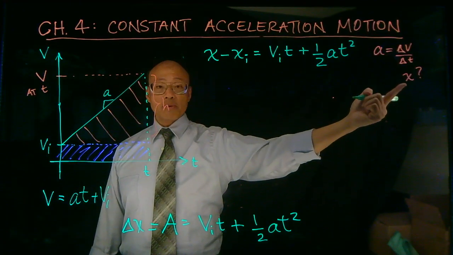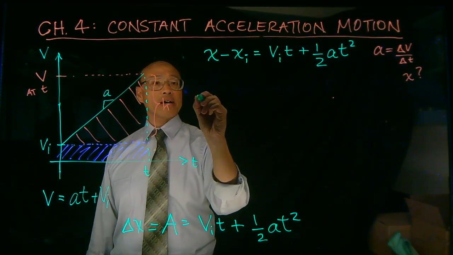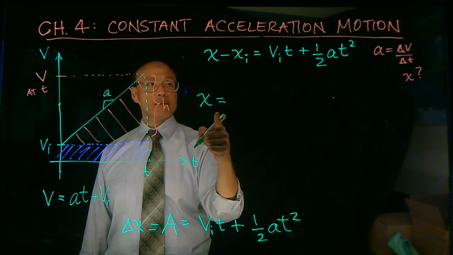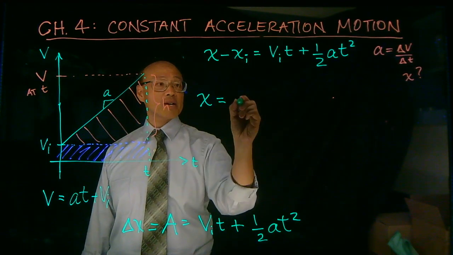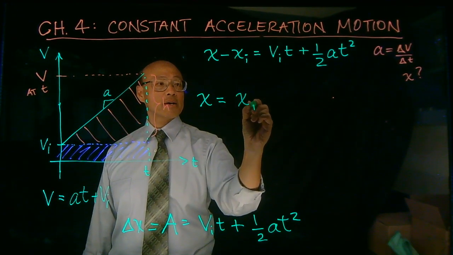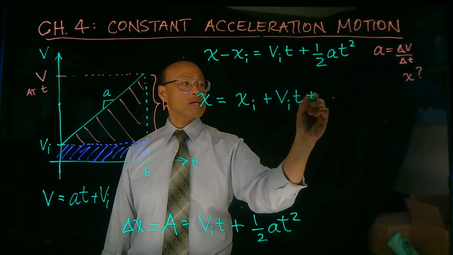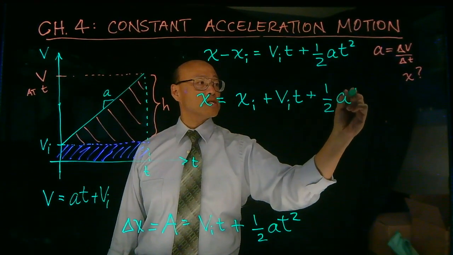Now if I isolate for x, I have a position, right? I can tell you where I am. Where I am at time t is just equal to, I'm going to add x sub i to both sides, x sub i plus vit plus 1/2 at squared.